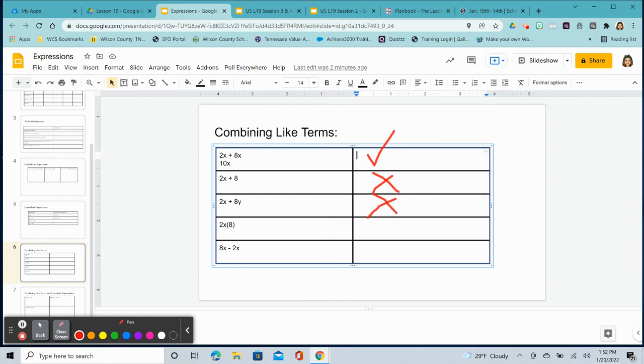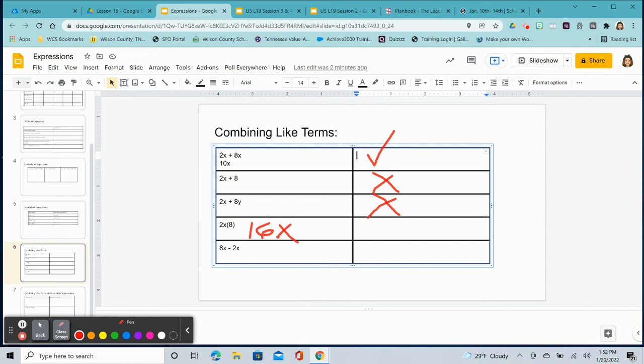We cannot combine those. In the next example, we have 2x times 8. In this, we can. We can go ahead and multiply 2 times 8. Well, 2 times 8 is 16, and that's 16x. And the reason behind that is your order of operations. Terms are separated by addition and subtraction, but this is multiplication, and multiplication comes before addition and subtraction.